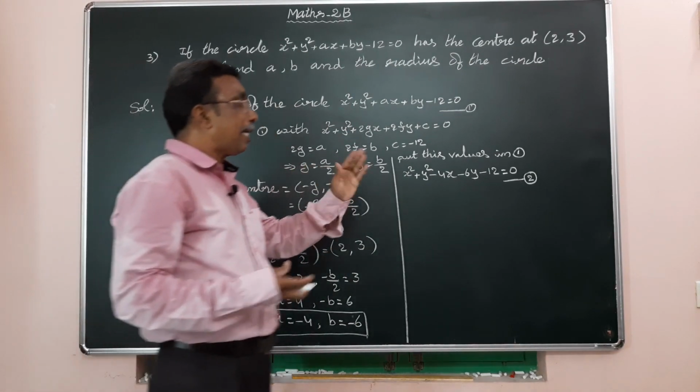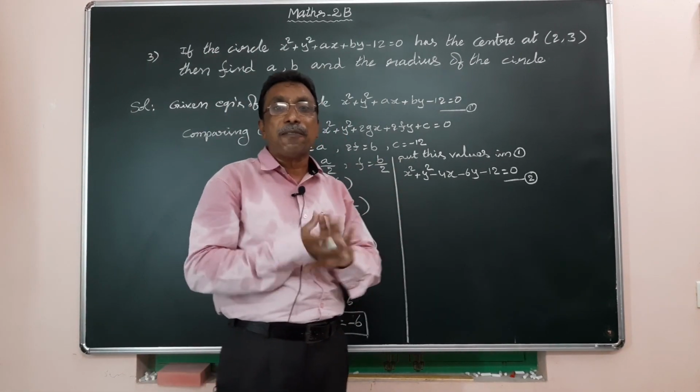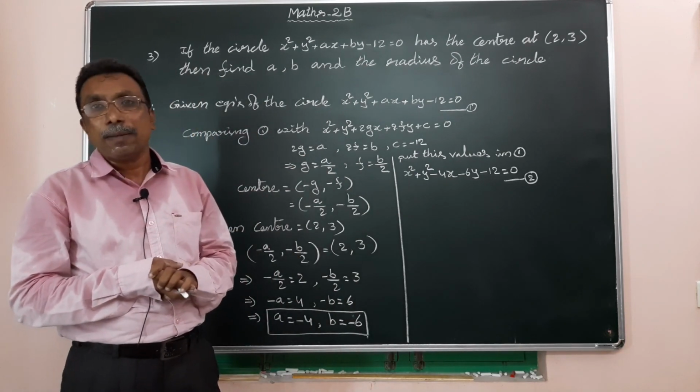What is the formula of radius? Square root of g square plus f square minus c.